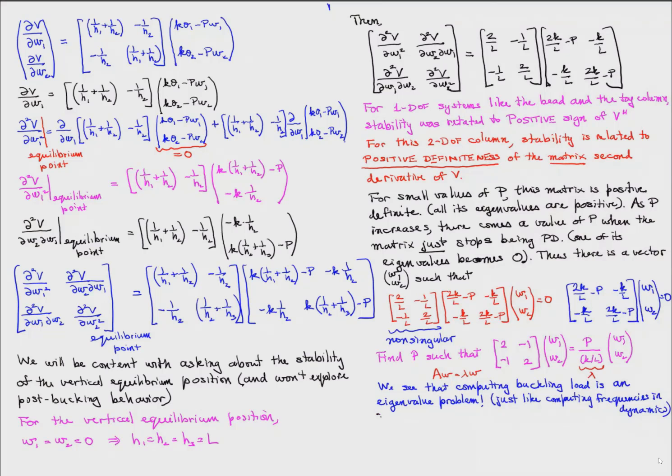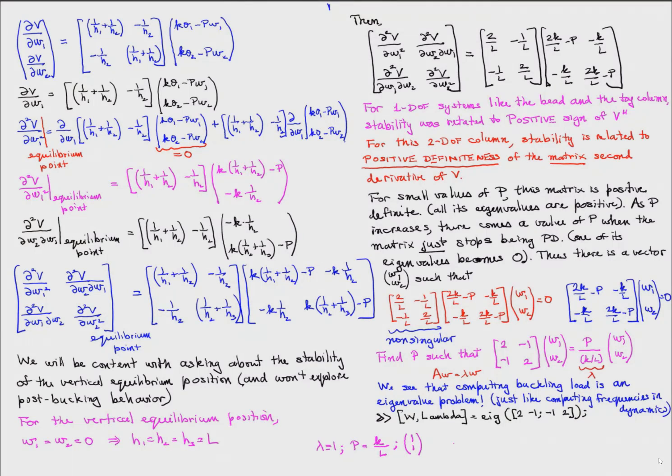So in MATLAB, we can solve this by doing W, lambda equals eig of the matrix 2, minus 1, minus 1, 2. And if we do the eigenvalue problem, we get two values of lambda: lambda equals 1 and lambda equals 3.